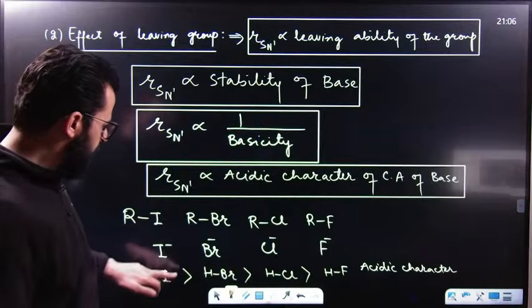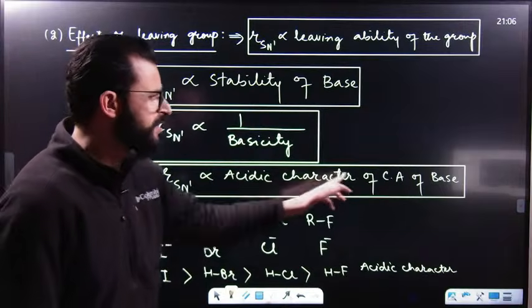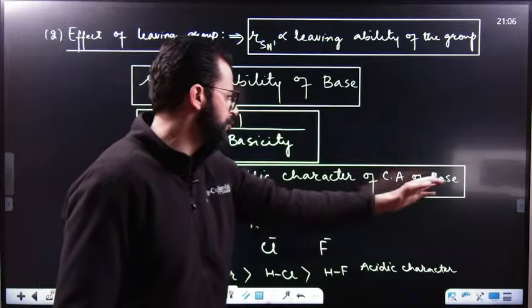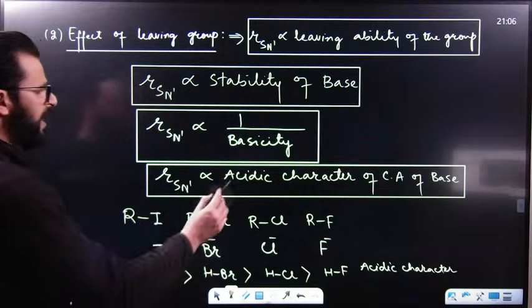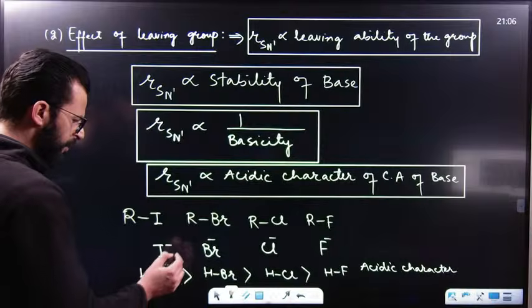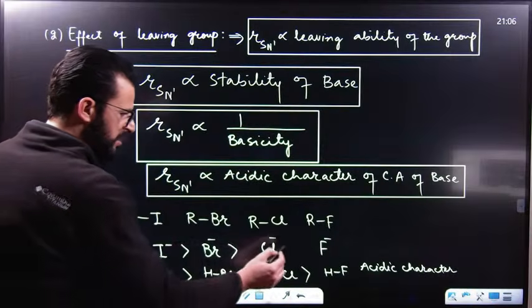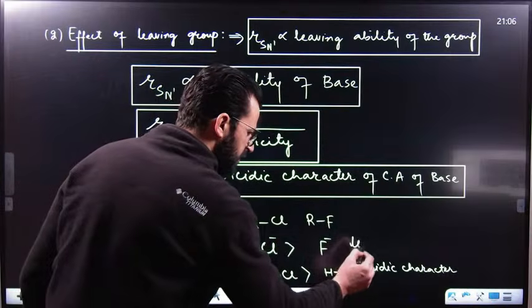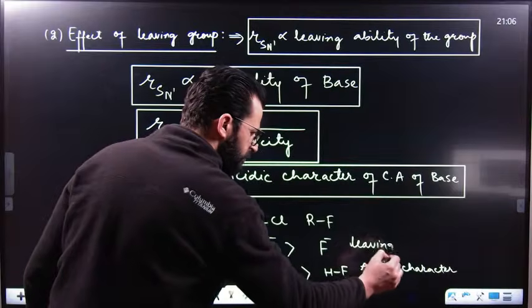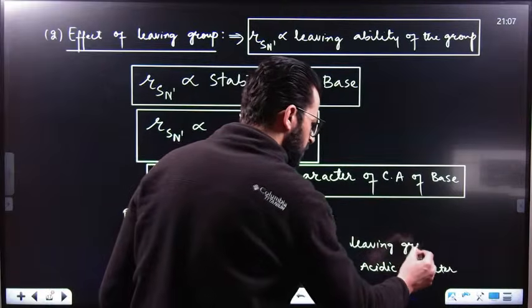Remember that if it is a stronger acid, or a stronger conjugate acid of base, then that's a good leaving group. So I minus, Br minus, Cl minus, F minus, this is the leaving group ability order.